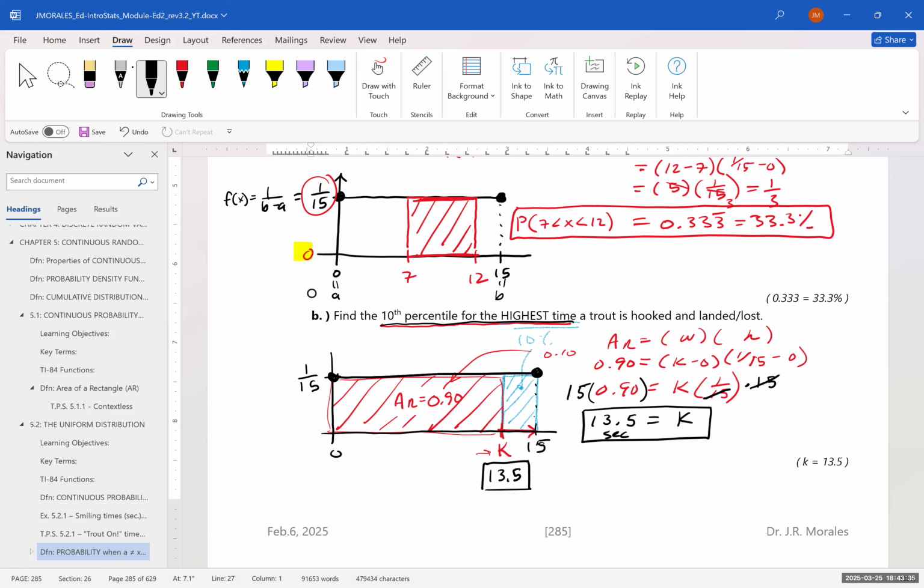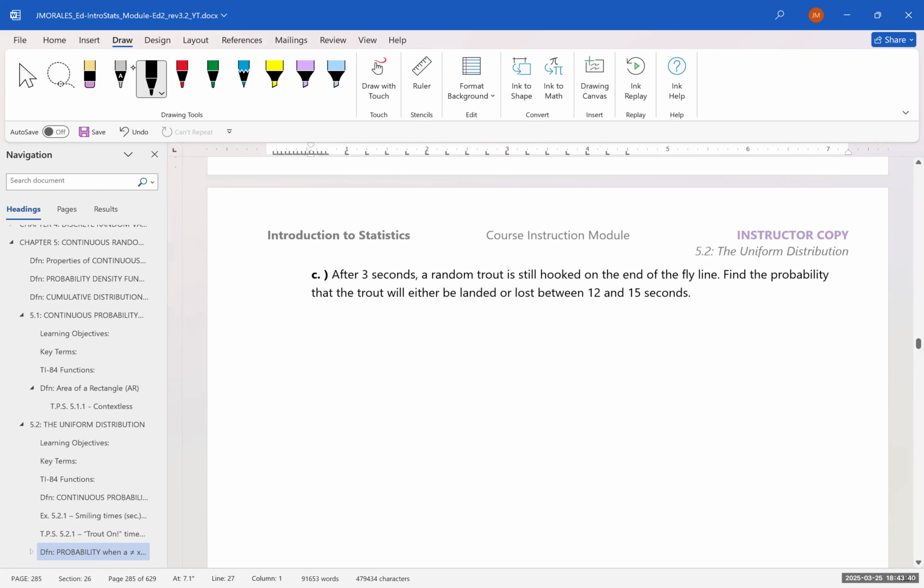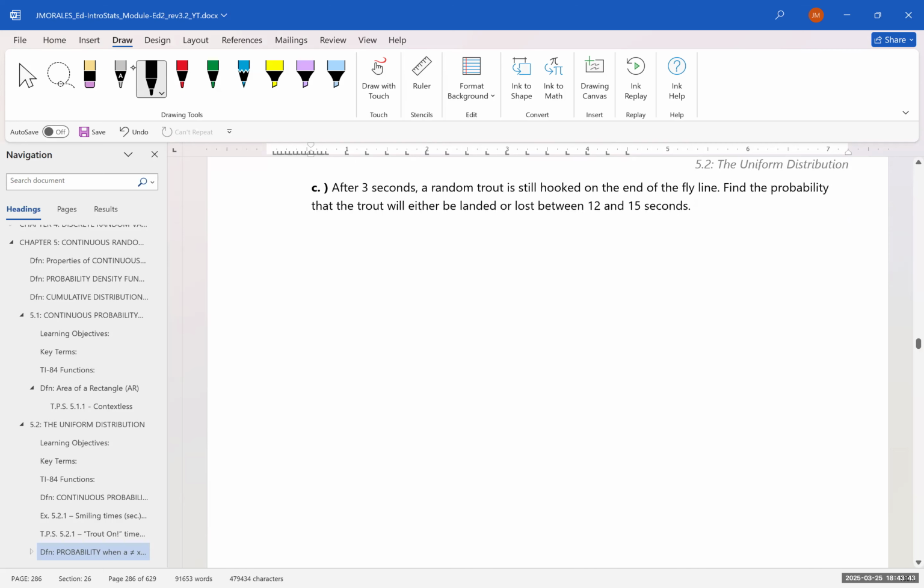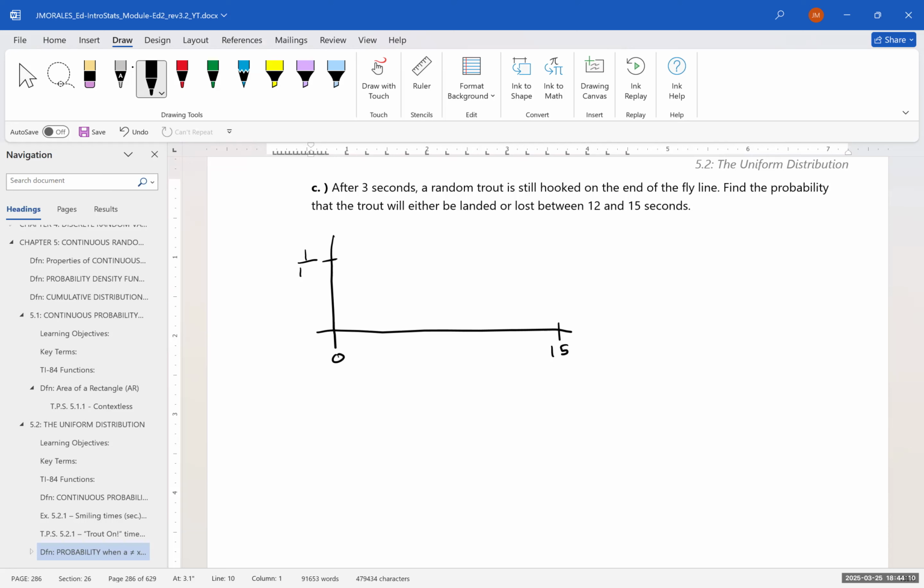All right. I think there's one more part, C. So let's give this one a look. After 3 seconds, a random trout is still hooked on the end of the fly line. Find the probability that the trout will either be landed or lost between 12 and 15 seconds. Again, start with what we know: a uniform distribution between 0 and 15, which has a height of 1 over 15.